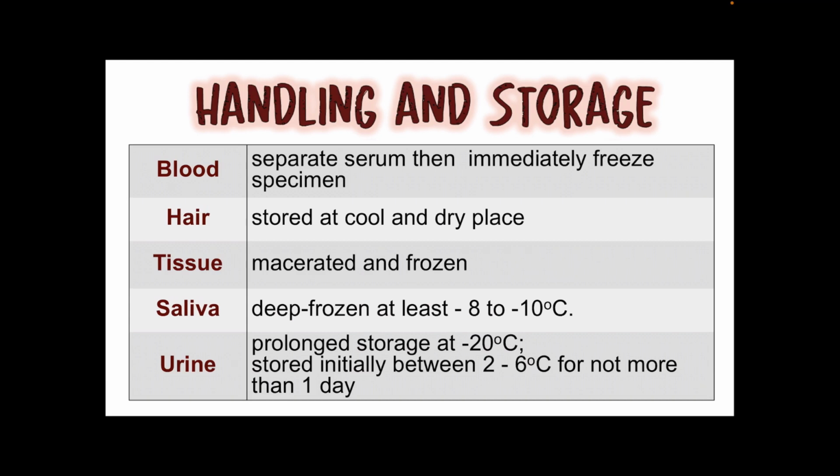So for the specimen handling and storage, we all know that specimens must be properly handled and stored to ensure the integrity of a drug or its metabolites. And also, the specimen must be properly labeled and also sealed. And in addition to that, during transport, the specimen must be placed in a cooler with dry ice or a suitable alternative so its integrity is still maintained during transport.